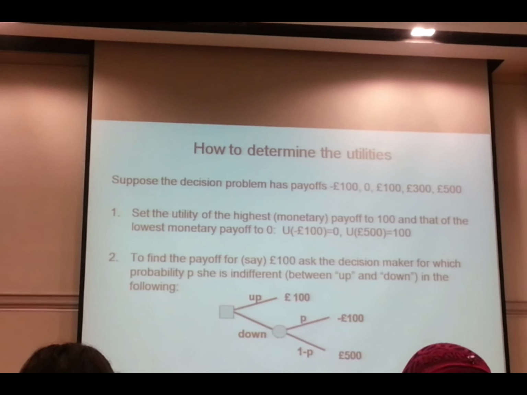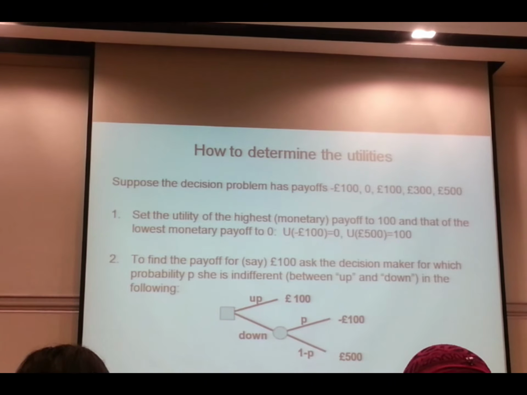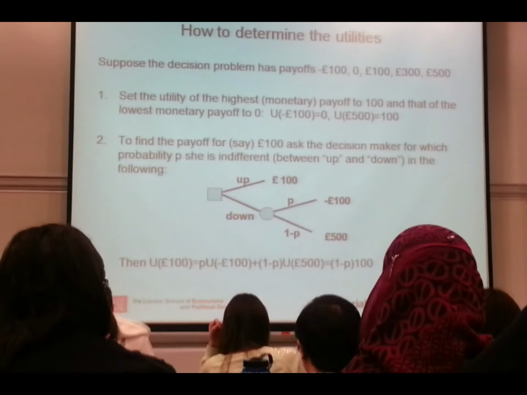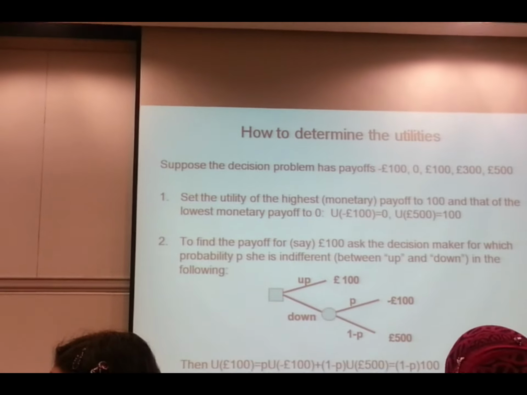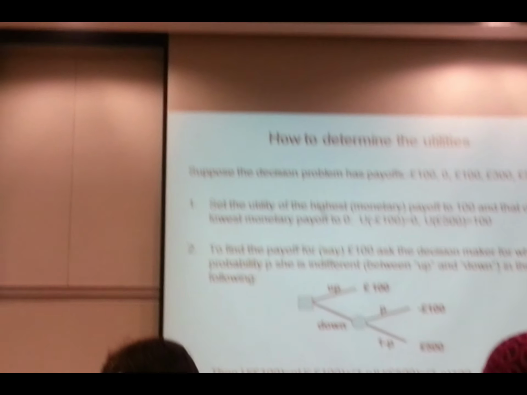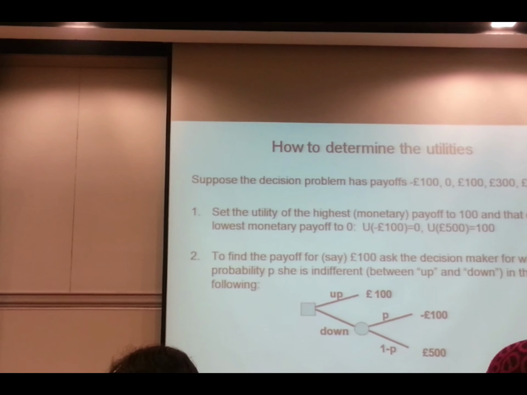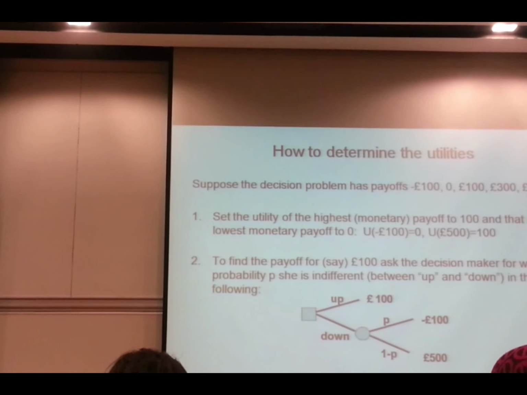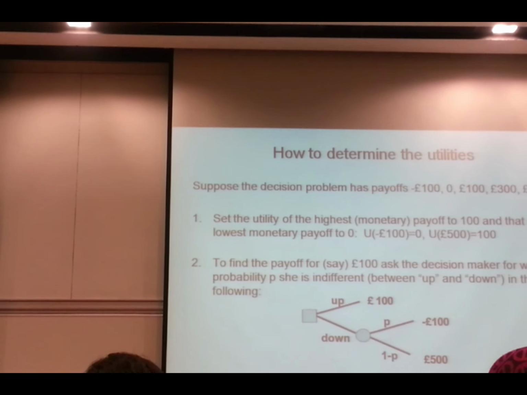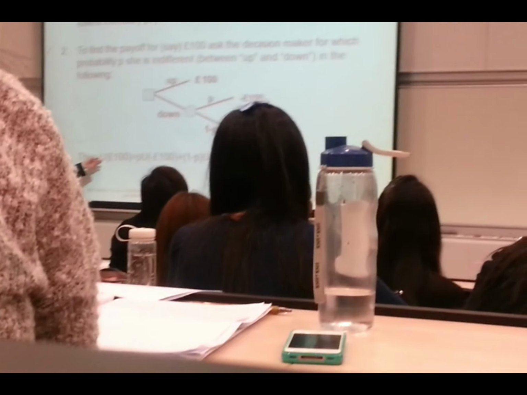So it allows you to set the utility equal, which means that if I ask this decision maker for the probability that makes him indifferent between this and that, I basically ask him for the point at which these two utilities are the same. So we can write the utility of 100 pounds.